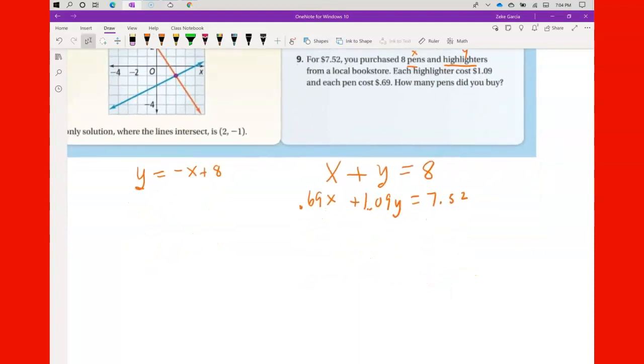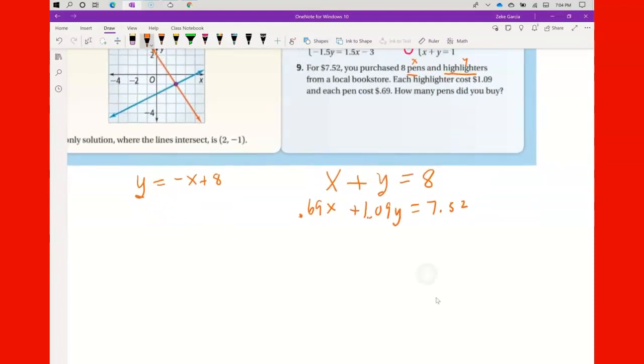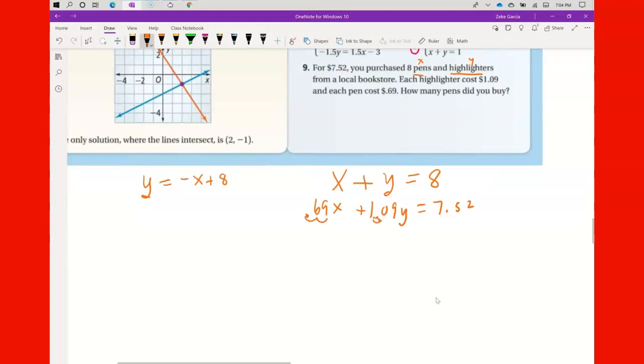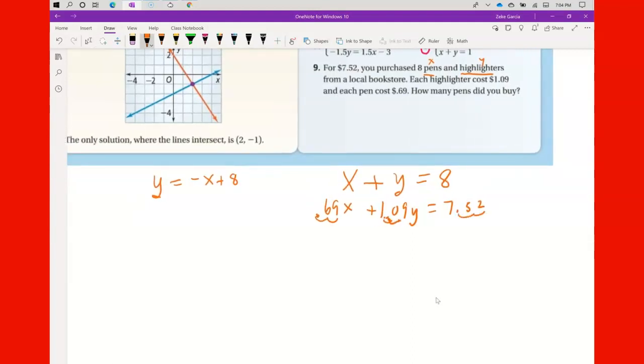The second one, I'm going to do what we did before. I'm going to move this decimal 2 places to the right. And so I have 69x plus 109y is equal to 752. And I'm going to solve for y, so I'm going to subtract 69x.